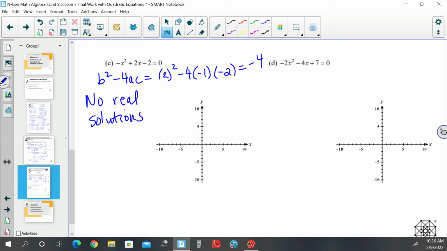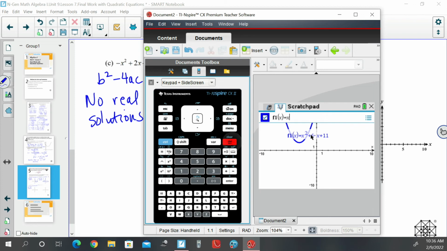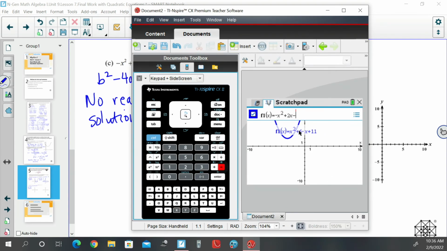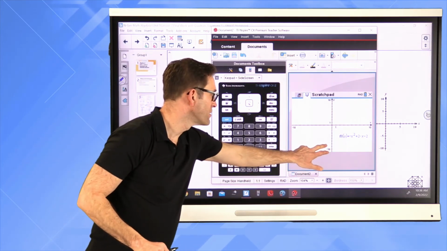All right, let's see if that's actually the case when I graph it. I've got negative x squared plus 2x minus 2. And look at that yet again. My parabola misses.